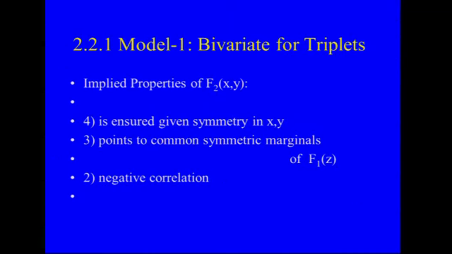I think taking them in reverse order, 4 is ensured by symmetry in x and y of the joint distribution function. We're looking for marginal distributions to define the pairwise probabilities and negative correlation.